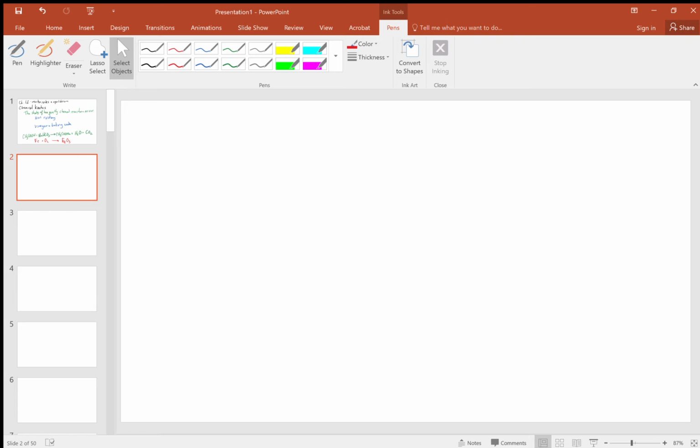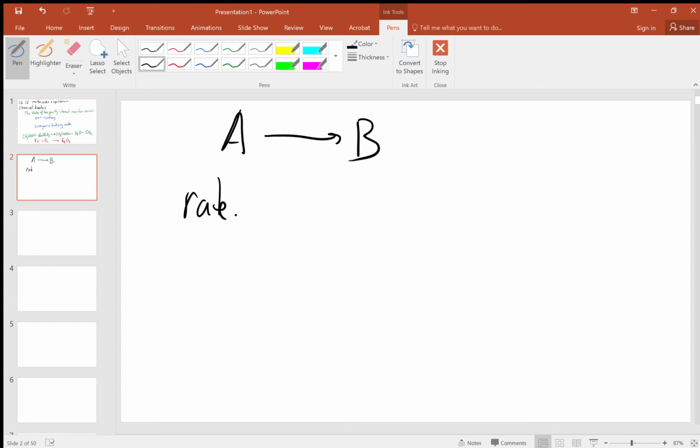So if we consider a reaction of A going to B, we can talk about the rate of this reaction in two ways. Because the rate is going to be the change in concentration over the change in time.